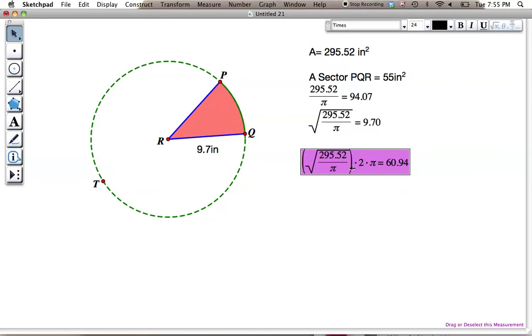Problem 16 asks you to find the arc measure of PQ. Well, the arc measure of PQ is also equal to the central angle, PRQ. So to find that, we can set up a proportion.